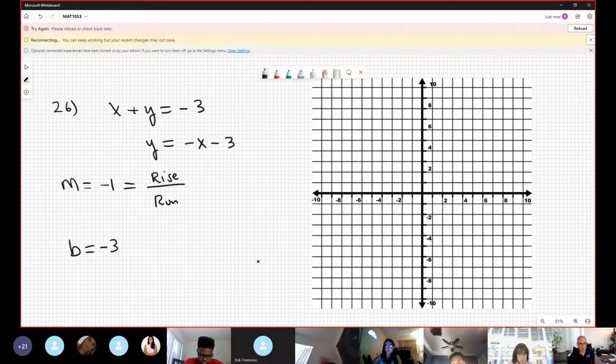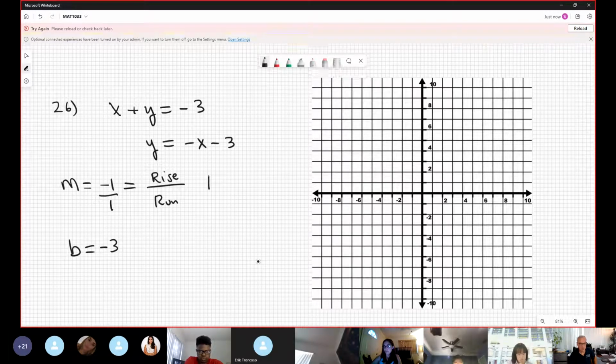In this case the slope is not a fraction, but no problem, because it's a whole number, the denominator is 1. Therefore, the conclusion is run is 1 and rise is -1. Now here, the y-intercept is the point 0, -3.